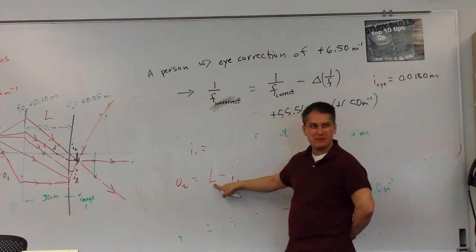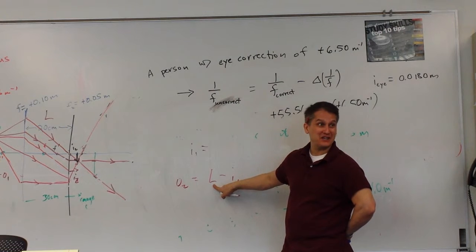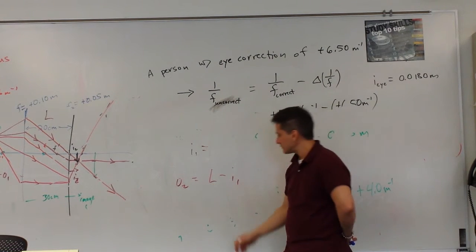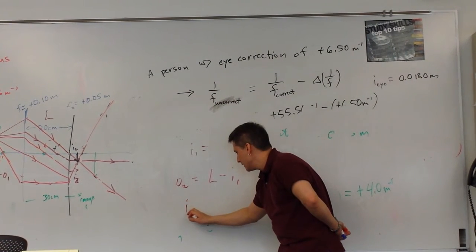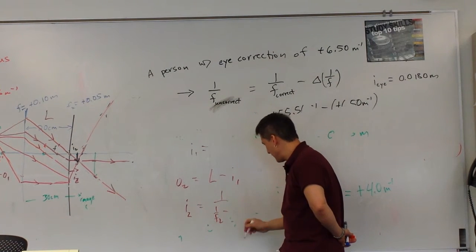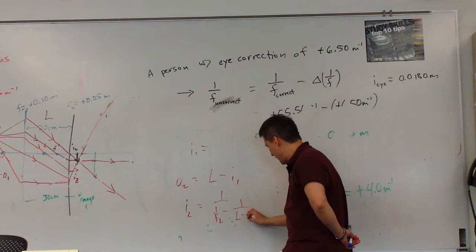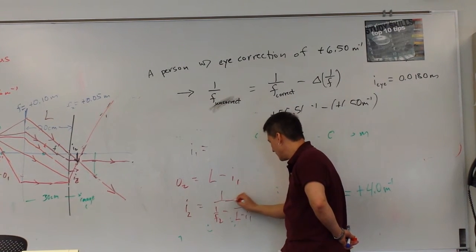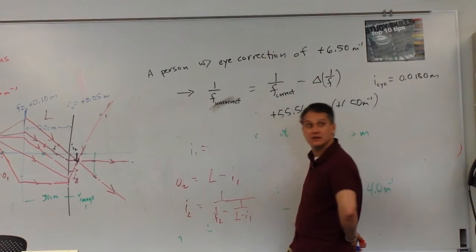And if I1 is bigger than L, then it's going to be a negative number. So then I2 would be 1 over F2 minus 1 over L minus I1, if you will. Because that would be O2.